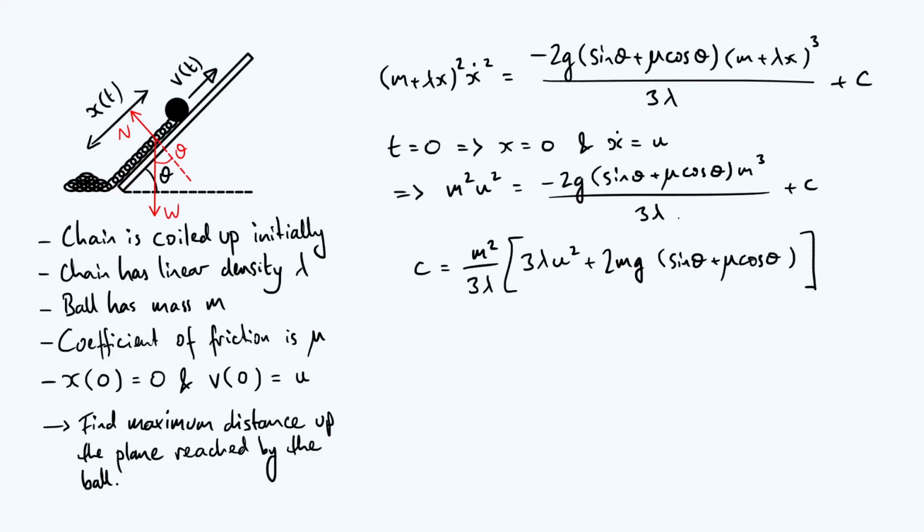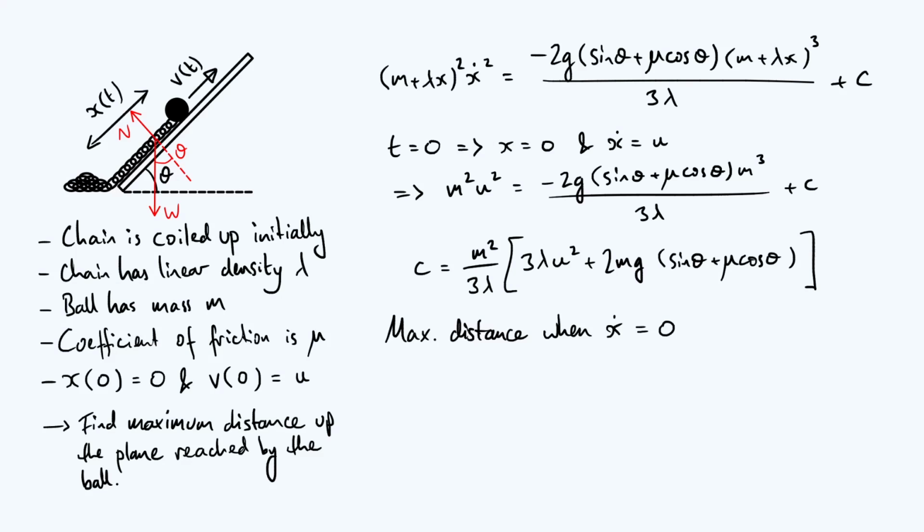So then to get c, we just move the negative term over to the left hand side. I've chosen to factor out a factor of m squared over 3 lambda, which means that this m squared u squared term is going to have to acquire an additional factor of 3 lambda on the top so that it cancels with this 3 lambda on the bottom. I've chosen to do that just because it makes the algebra work out a bit more conveniently later on. It's a good form to have a constant of integration in.